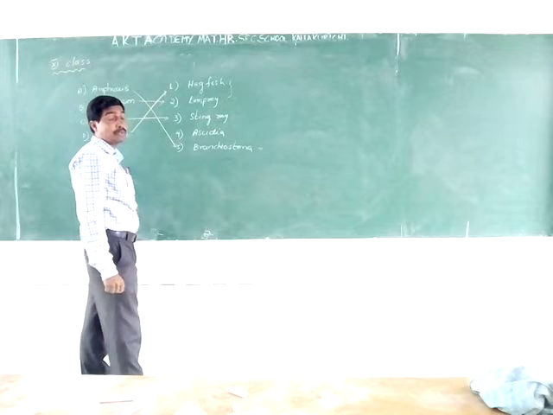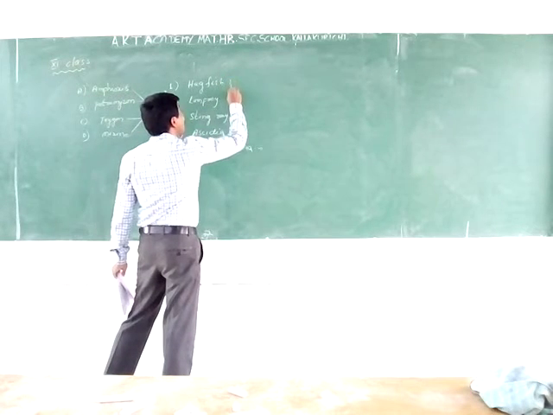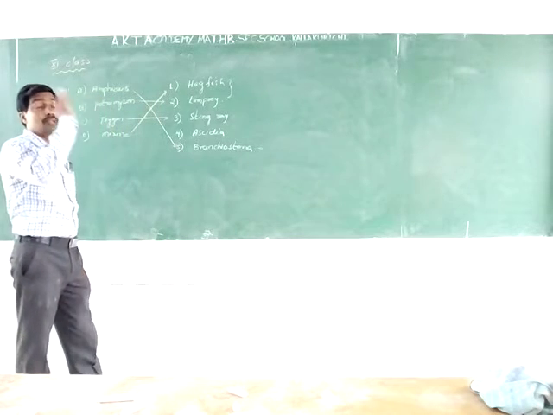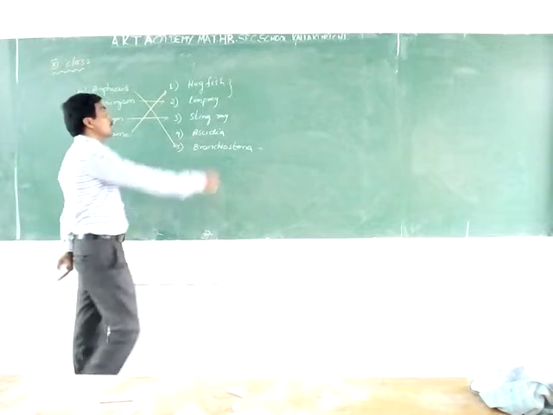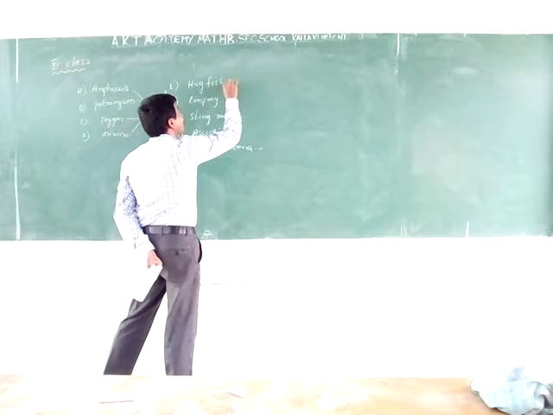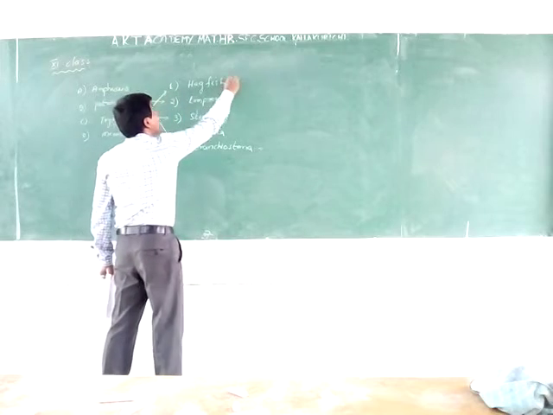You know the general character of cyclostomata animals. They can migrate from sea water to river water for spawning. What is this type of migration known as? This is anadromous migration.